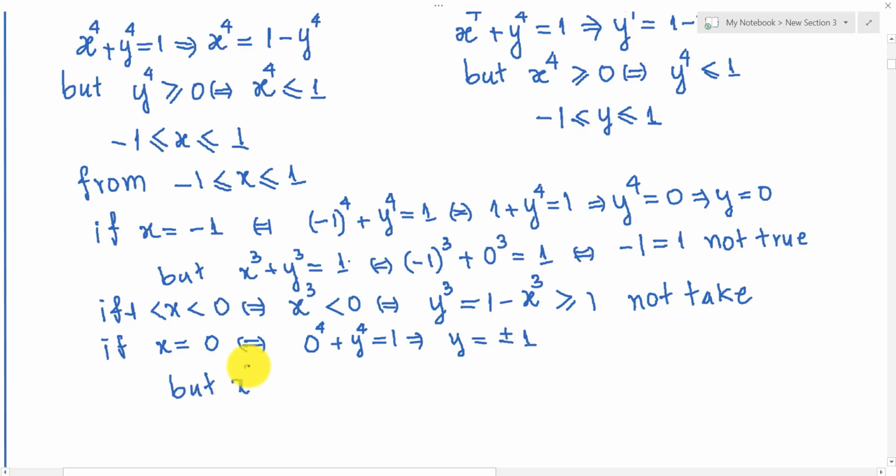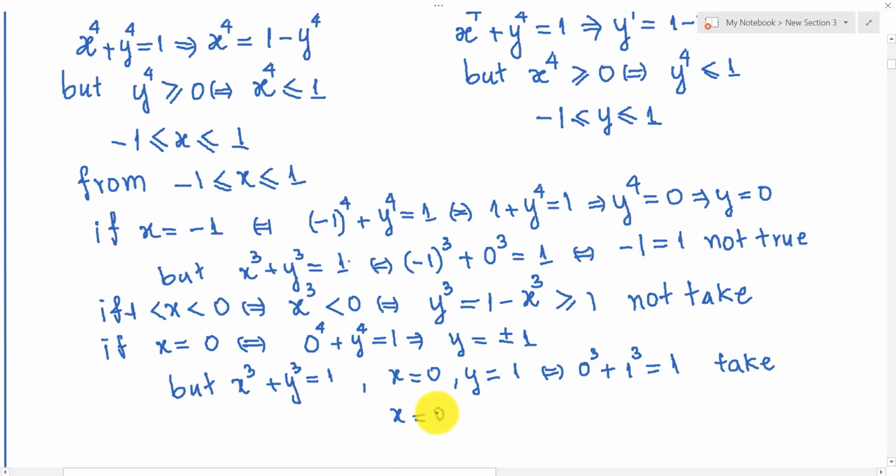But x^3 + y^3 = 1, so x equals 0 and y is equal to 1. We get 0^3 + 1^3 = 1. Okay, it's true.